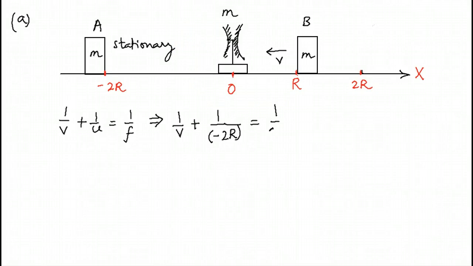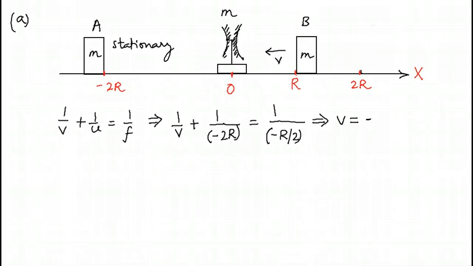For f I'll write minus r divided by 2. Now when you solve this equation for v, you get v equals minus 2r upon 3. So the x coordinate of the image of A is equal to minus 2r divided by 3.